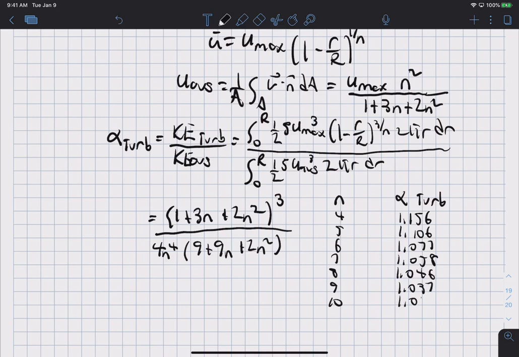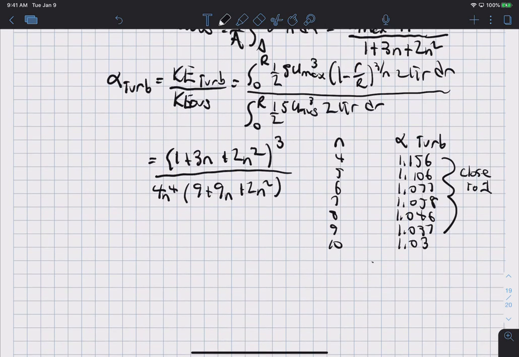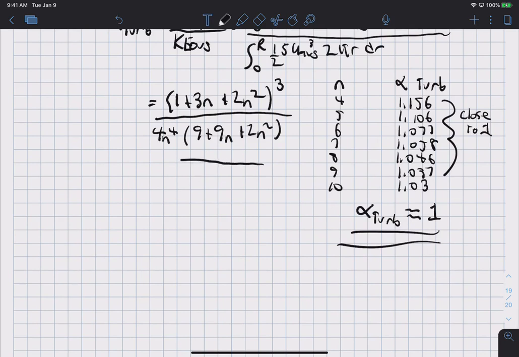And for 10 it's 1.03. Note that these are all close to 1, so you can assume that if the flow is turbulent, alpha turb is approximately 1. The reason alpha turb is close to 1, and you can use that for calculations, has to do with the velocity profile itself.